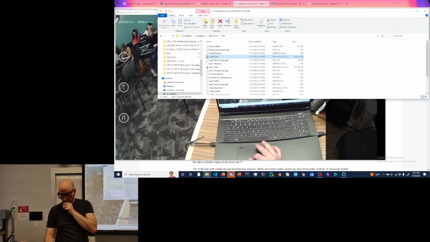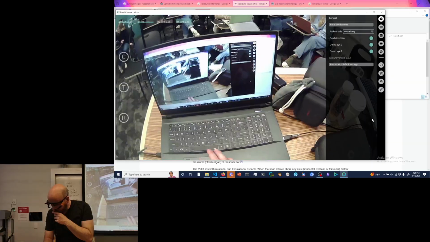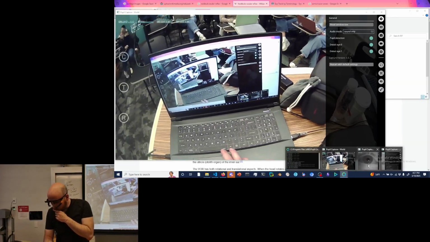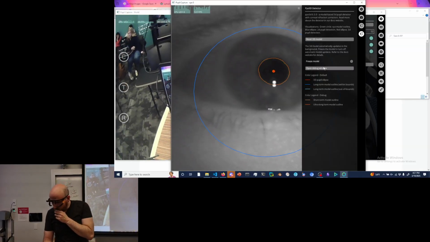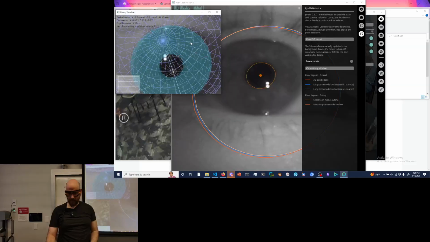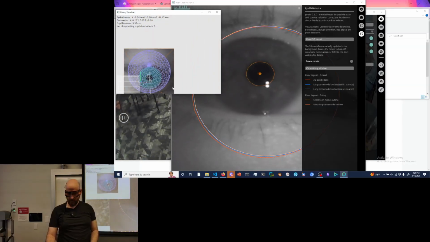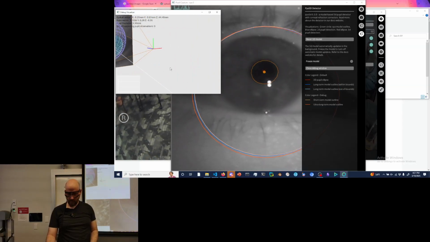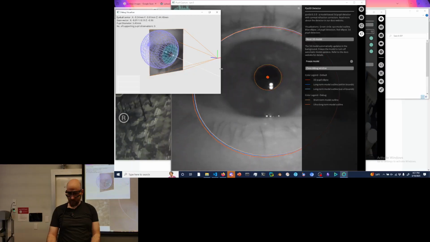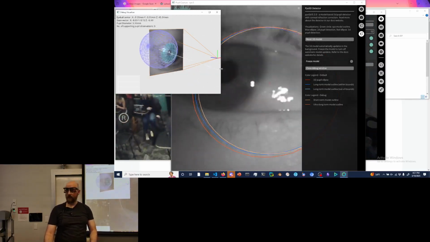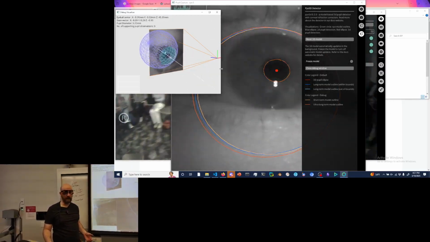Cool. This is just a fun visual of the geometry that's being solved for the eye tracker.